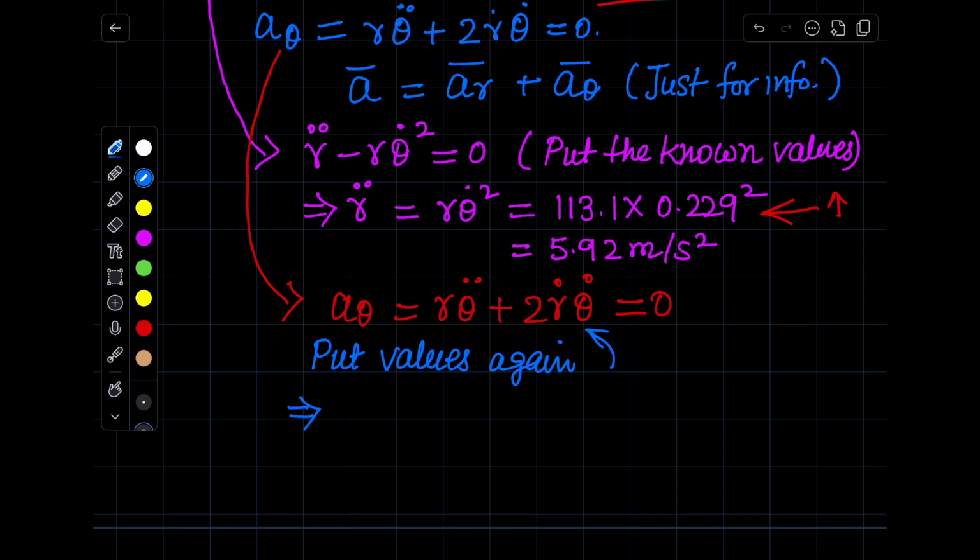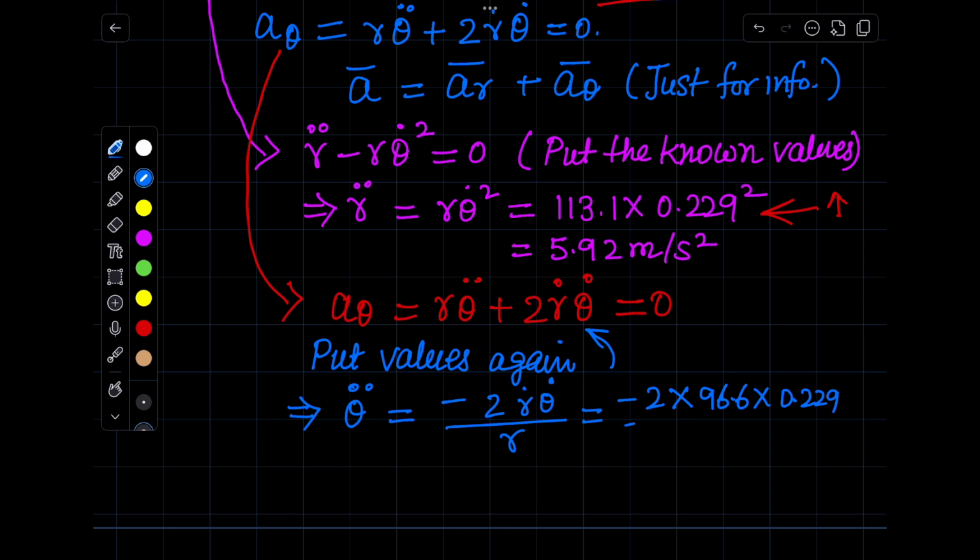So this is the general information. Let's see again. We are moving to calculate A theta, and I wrote the formula here. In this formula, again, you will see that theta double dot is unknown. So simply you have to put in all values and you will get the answer for theta double dot. And what will be the unit for theta double dot? It will be radian per second square.